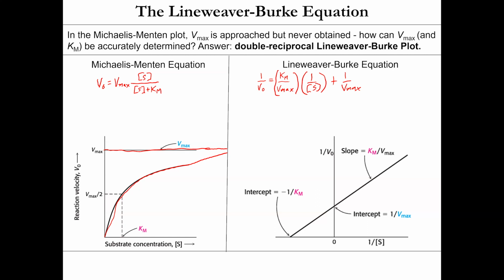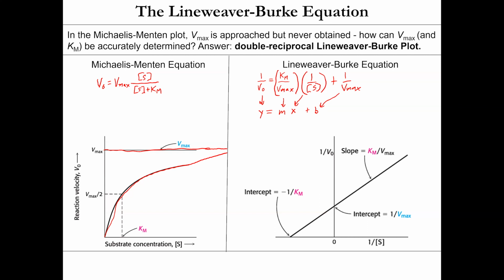Now, the good thing about this equation is it gives us basically a slope. So 1 over V0 would be y, and Km over Vmax would be m, the slope. And then 1 over S is the x axis, and 1 over Vmax would be b.